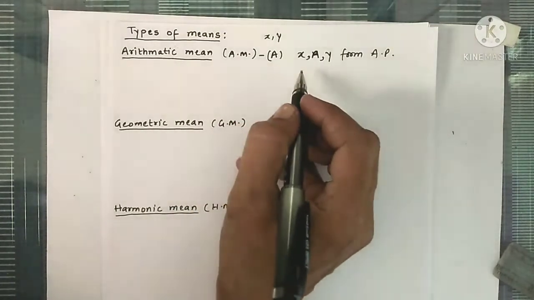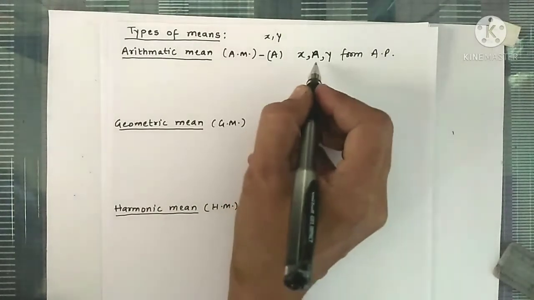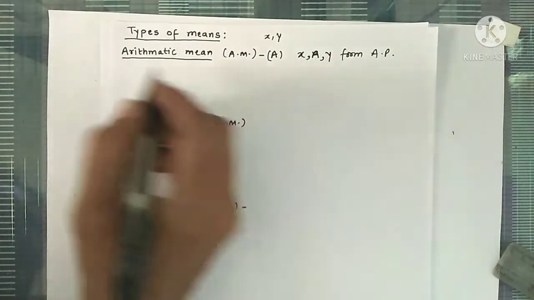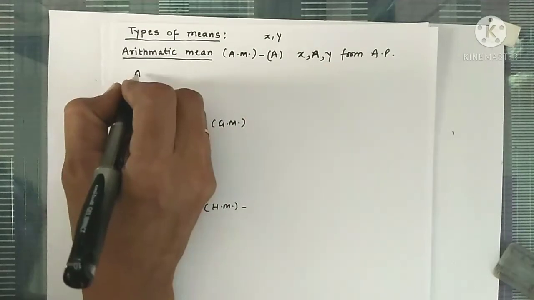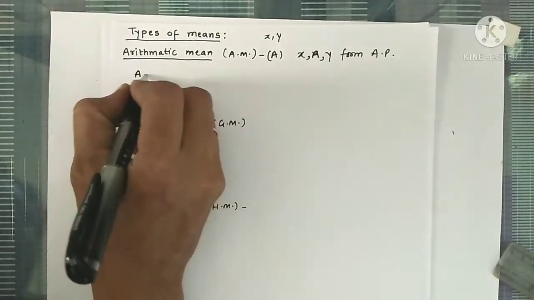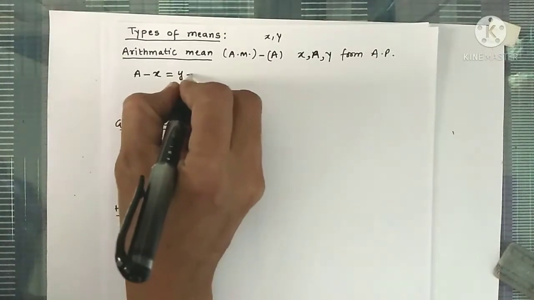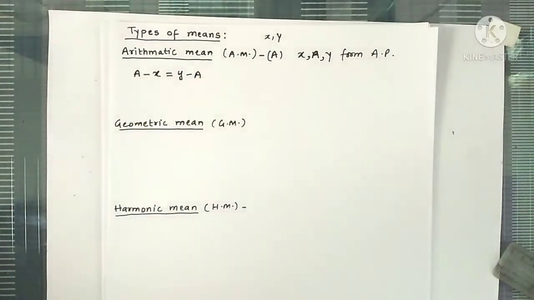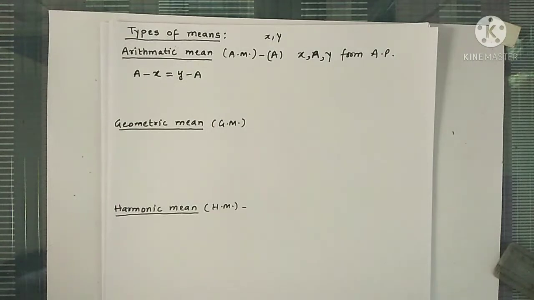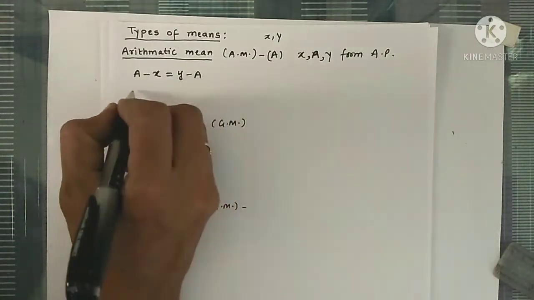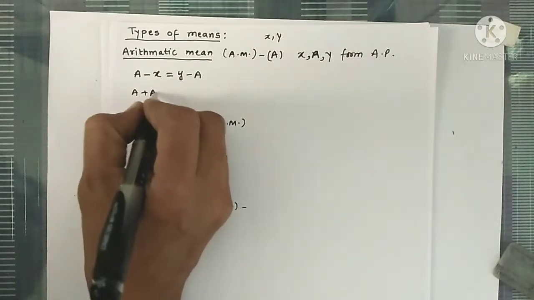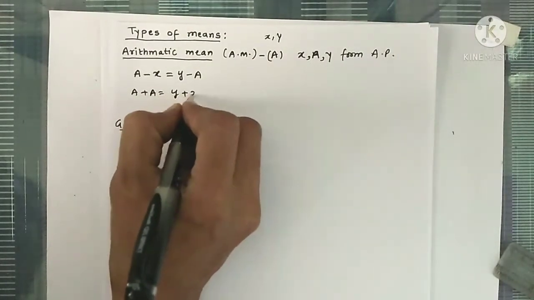So let's find out formula for A. Now if these three numbers form an AP, then by definition of AP we have A minus x equal to y minus A, as the difference of two consecutive terms is constant and is same everywhere. So A plus A equal to y plus x.